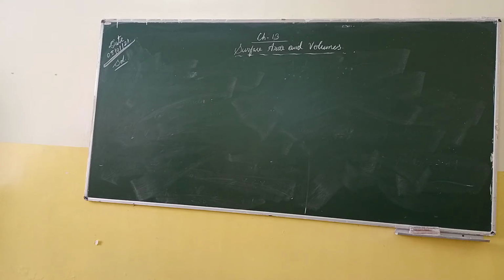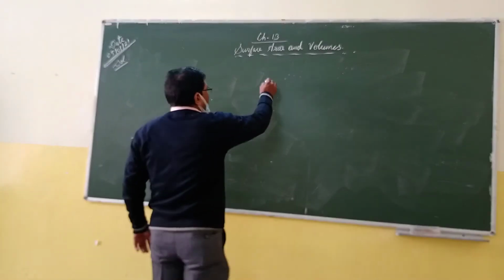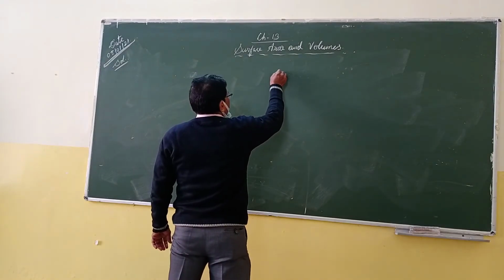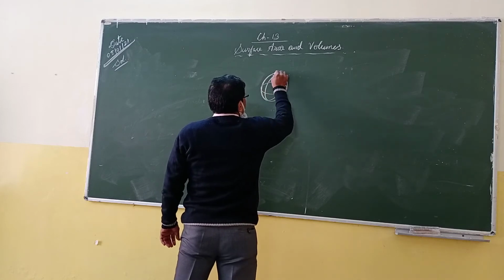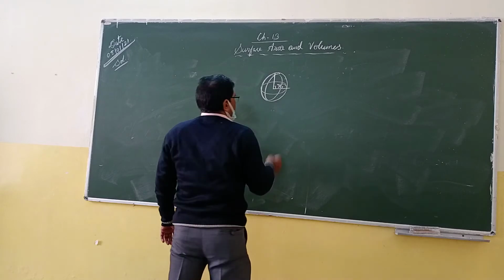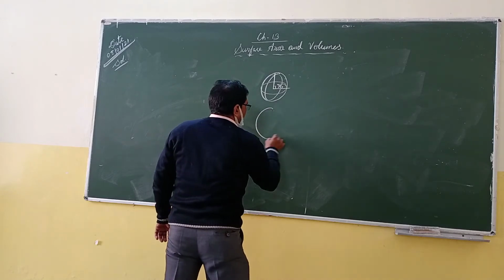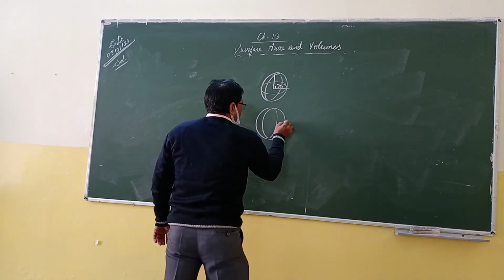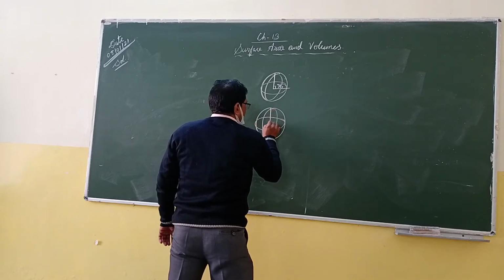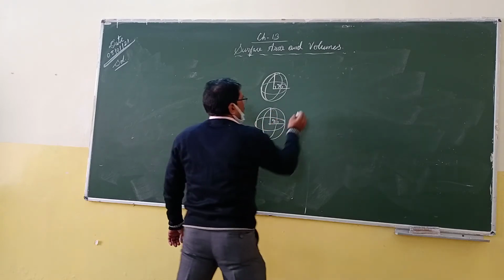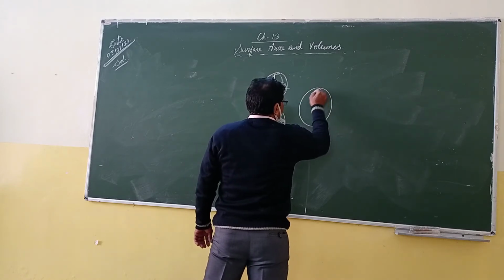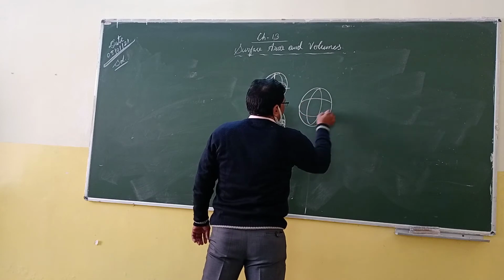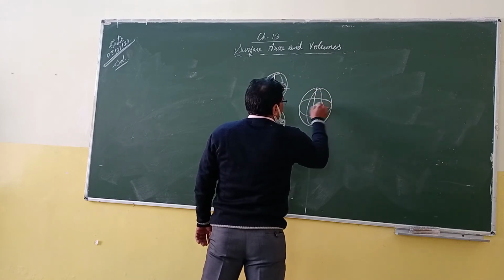Radius of the resulting sphere. So three spheres are there. First sphere like this, radius is R1. Second sphere, radius is R2. Third is R3.